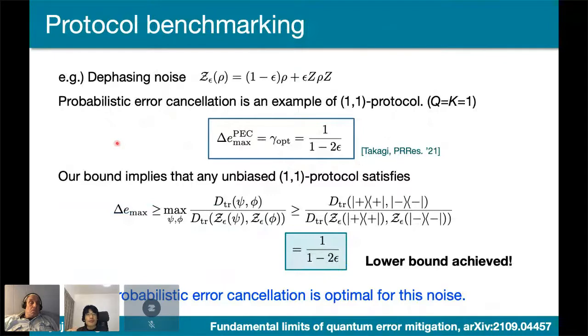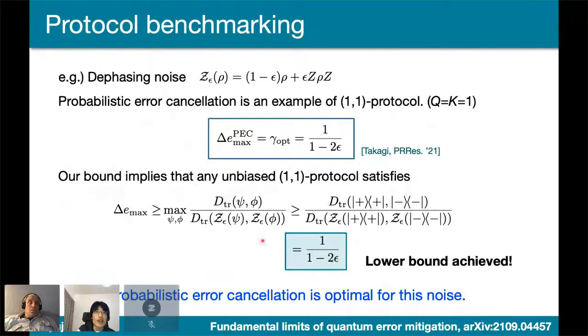And now, let's forget about the probabilistic error cancellation for now, and let's calculate our general bound, the strategy independent bound that we got in this work. So what is the bound for the unbiased 1-1 mitigation protocols?